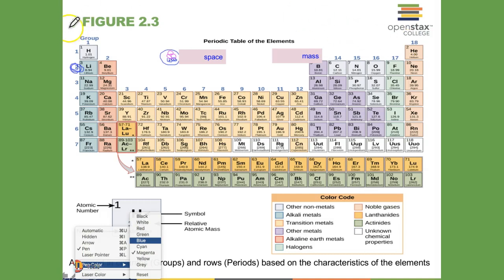So, once again, these periods on the left are telling you how many rings or how many orbitals to draw around the nucleus. And then these groups up top, if you ignore these transition metals, these guys are telling you how many valence electrons should be in this orbital that you're drawing.